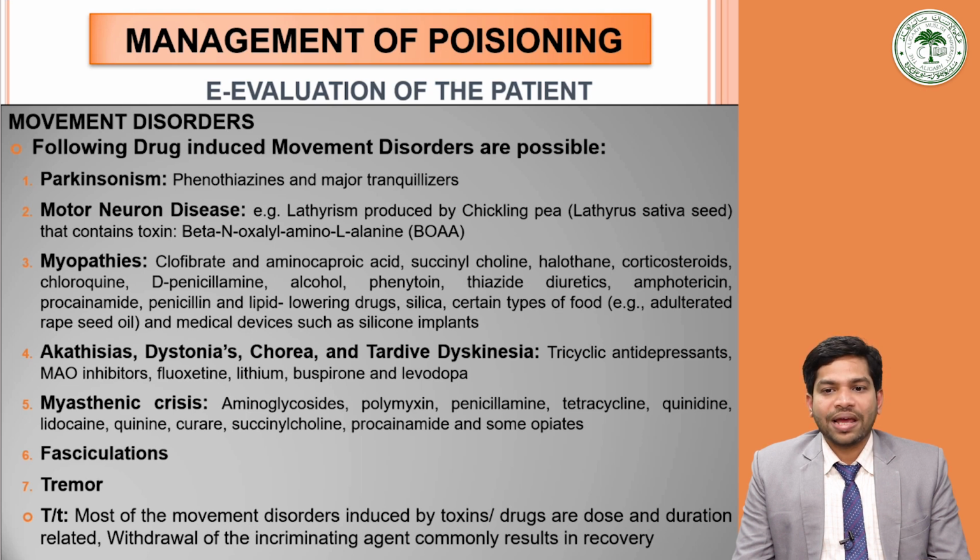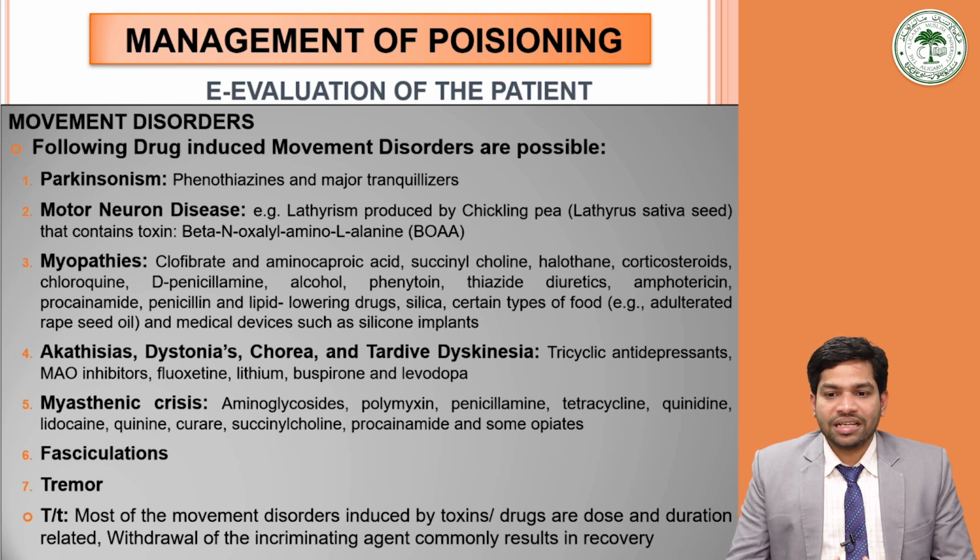This is characterized by extreme restlessness with constant movement and muscular quivering. Dystonia usually manifests as facial grimacing and torticollis and is mainly associated with phenothiazines, butyrophenones, metoclopramide, tricyclic antidepressants, phenytoin, and chloroquine.